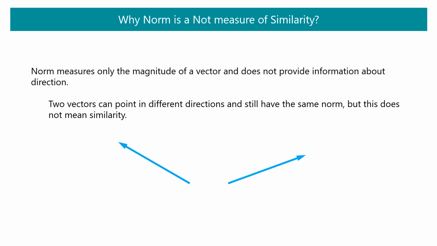The reason the norm is not a measure of similarity is that the norm measures only the magnitude of a vector and does not provide information about direction. Two vectors can point in different directions and still have the same norm, but this does not mean similarity.